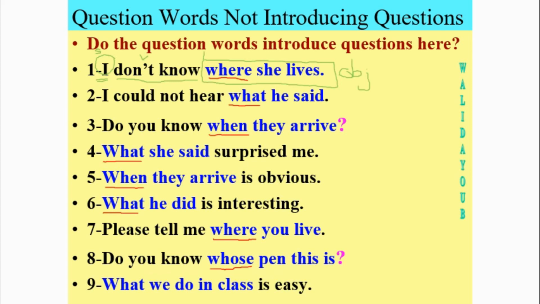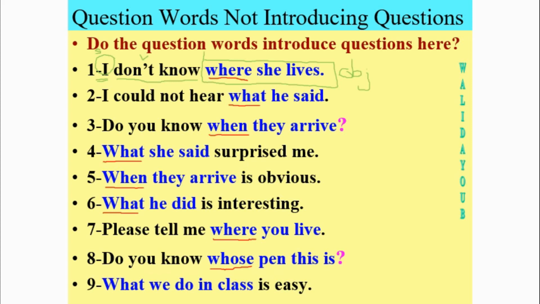So, to sum up, we have noun clauses starting with question words. Do you remember? This was the title of this presentation. So by now you can define a noun clause starting with a question word, and you know it is not followed by a question form.